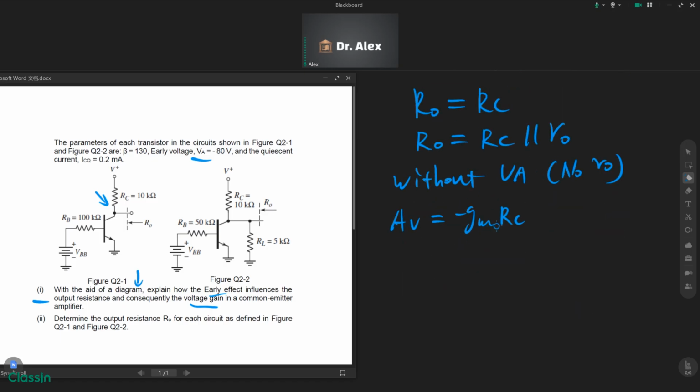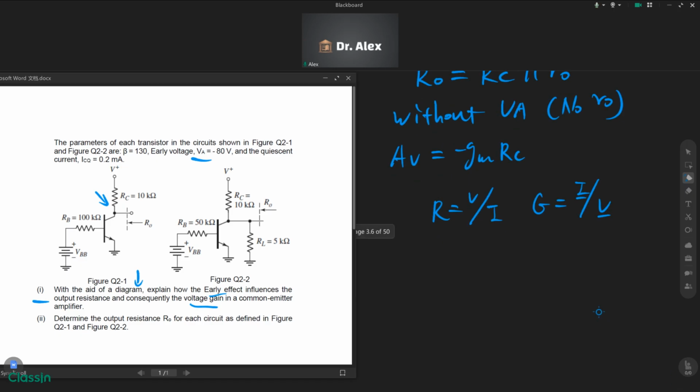What is GM? GM means transconductance. We know a resistor is voltage divided by current, so a conductor is the reverse: current divided by voltage. Transconductance means the current is in one place and the voltage is in another place, so it is called transconductance.